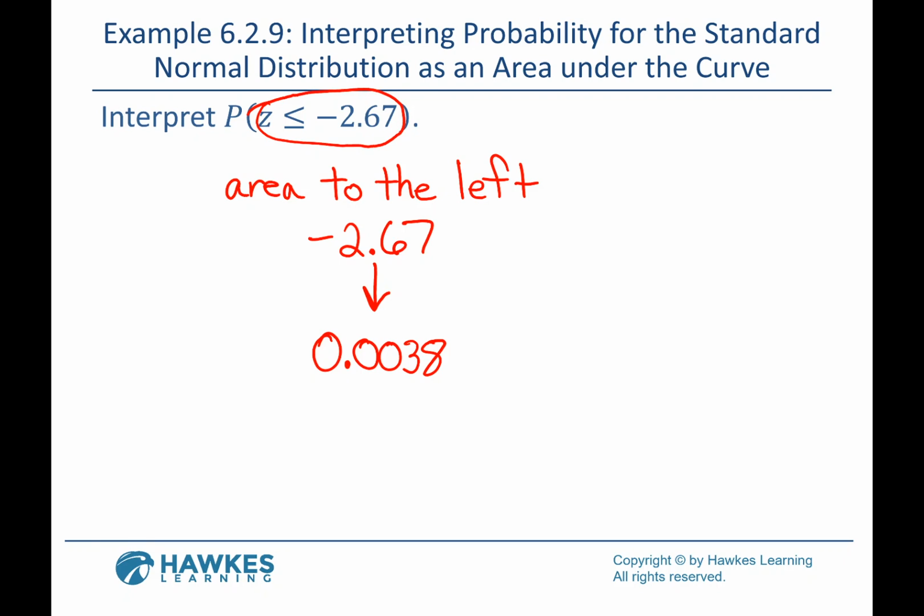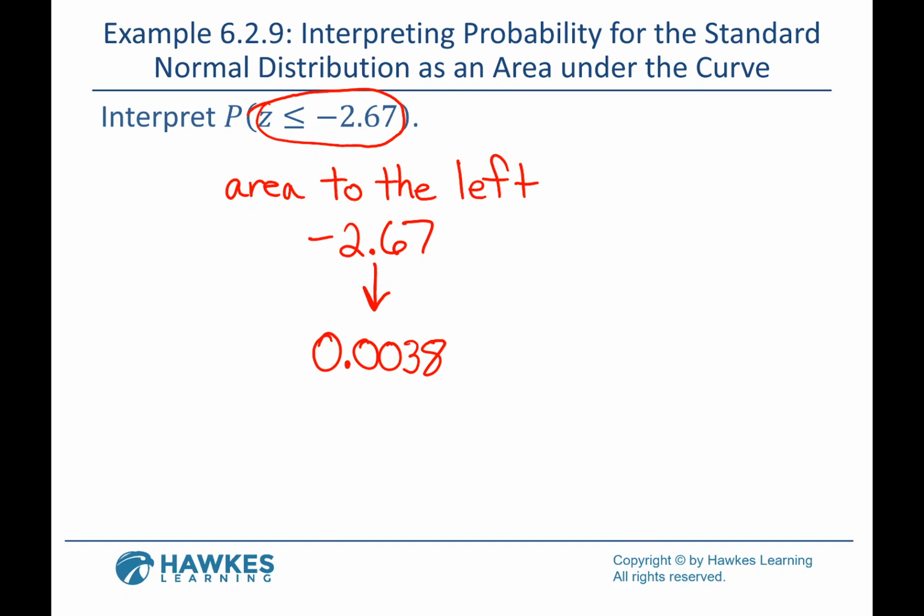So now all of a sudden, instead of just finding areas, we've developed a way to find different probabilities when we're dealing with normal distributions, because all these we've done, we're finding areas underneath the standard normal distribution. But remember what we can do. We can take any normal distribution and make it match up to the standard normal distribution. We squish it and slide it and make it line up. We'll see that next time.